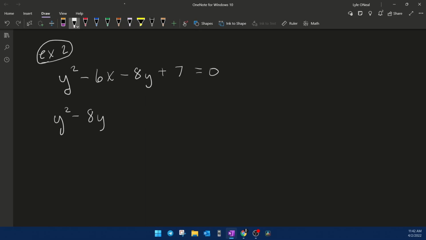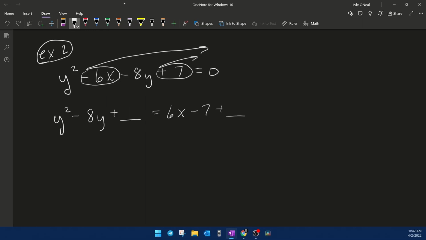Since there are 2 y terms, we're going to need to complete the square so that we can factor that as a perfect square trinomial. The other terms, the negative 6x and the 7, are going to have to move to the other side. Don't forget that they change sign. Also, don't forget whatever you add to one side, you have to add to the other. So this will be the first step in the direction of standard form.